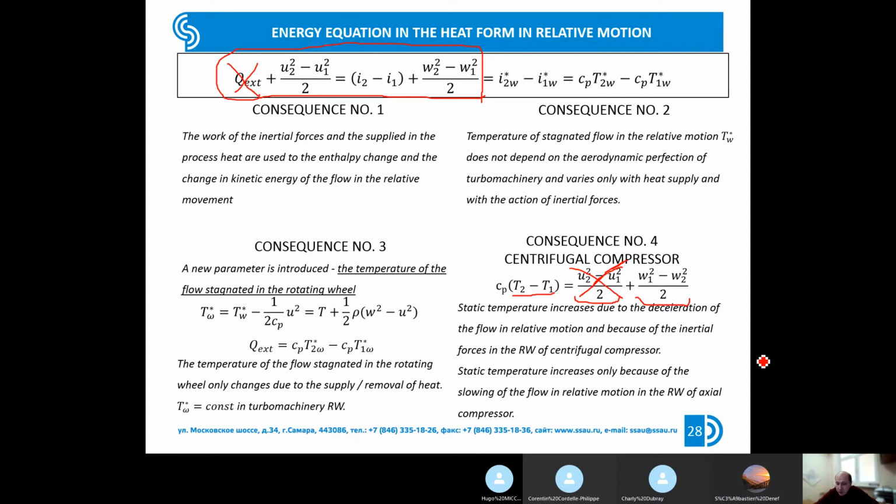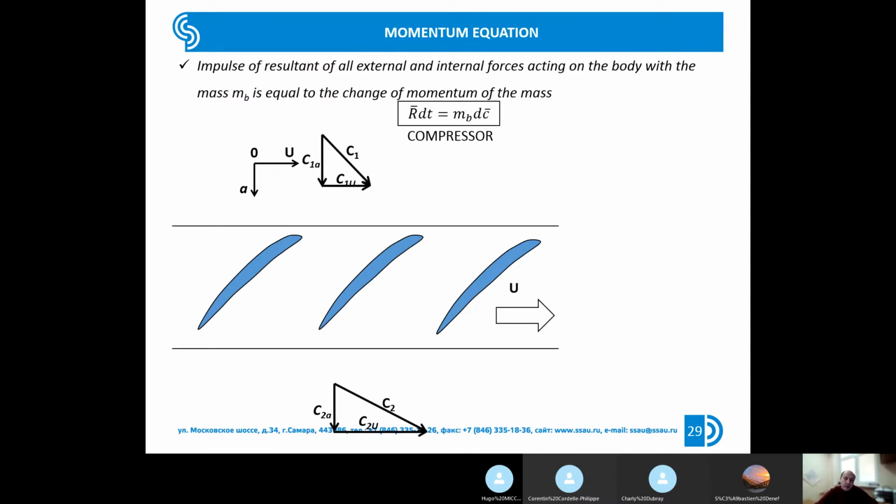And the last equation for today, one before the last equation in this chapter: the momentum equation.